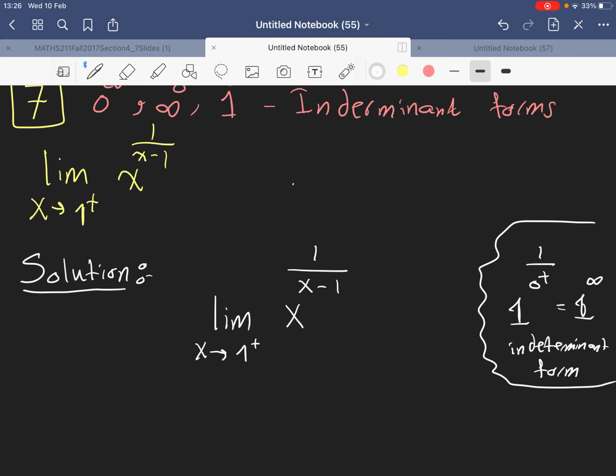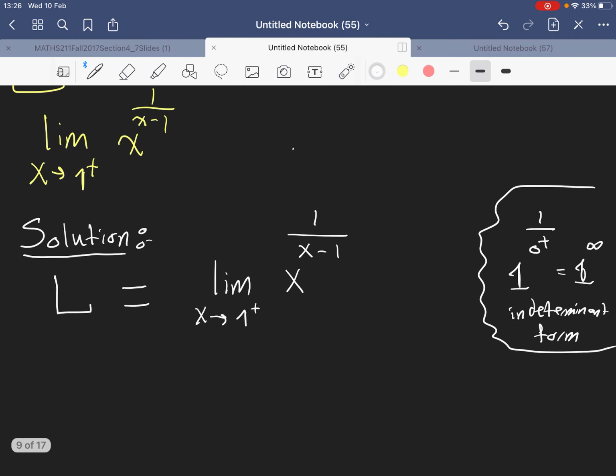And the idea is, the first step, I don't know the answer, so I will call it L. Just a number, maybe 7, 10, 11, 0, 1, just call it L. The next step, I will write everything as it is, but I will take the ln of both sides.